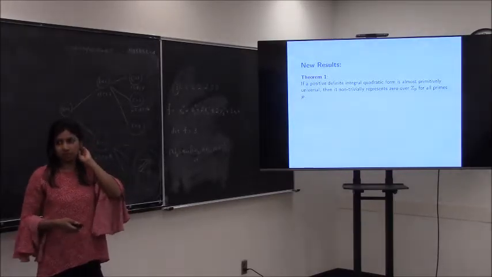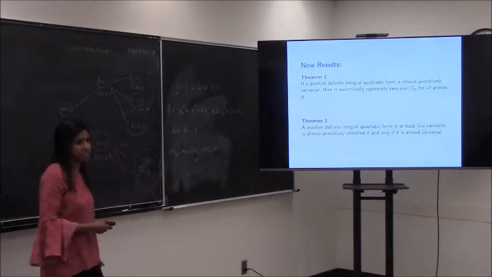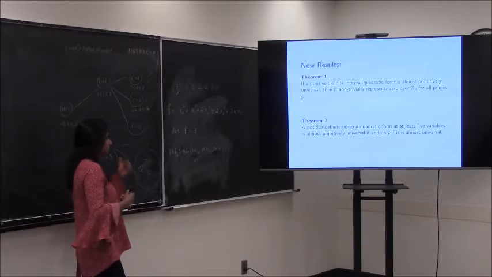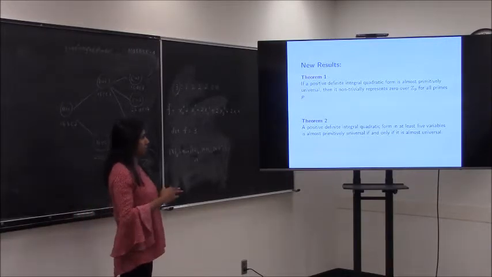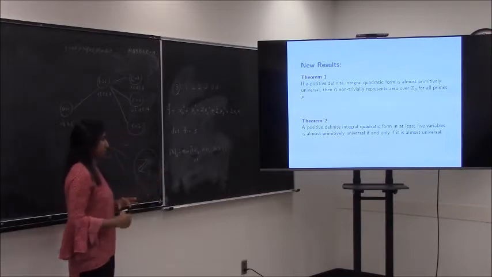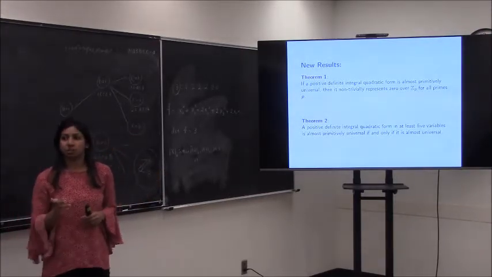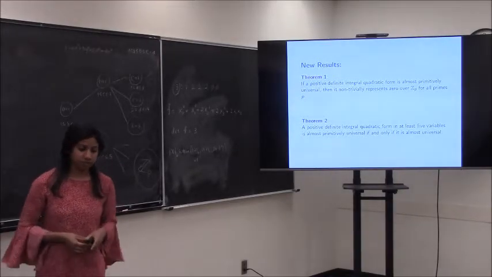This is so technical, and not the one we are most interested in. So: a positive definite integral quadratic form in at least 5 variables is almost primitively universal if and only if it is almost universal. This is an important result.